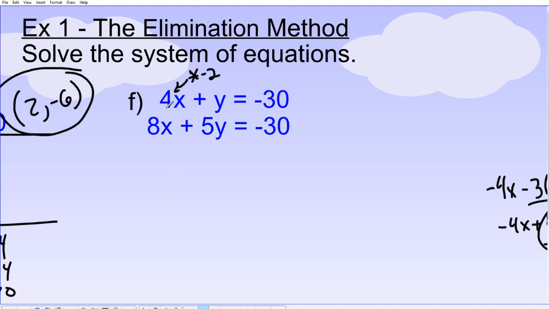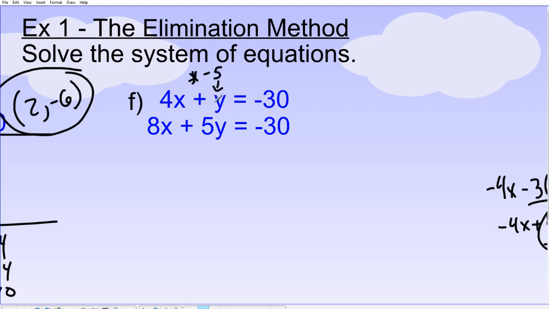If I multiply this by negative 2, then it would become a negative 8, and then I could eliminate. Now remember, I'd have to multiply them all by negative 2. That is one possibility. If I multiply the top equation by negative 2, my x's would eliminate. The other option is I could multiply by negative 5.